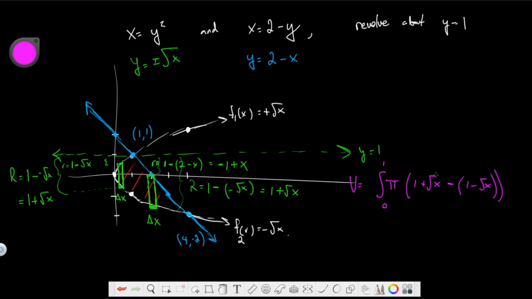That's our radius, but we need to square these things. And then our height is delta x, and in an integral, that's going to be dx. This is only from 0 to 1.